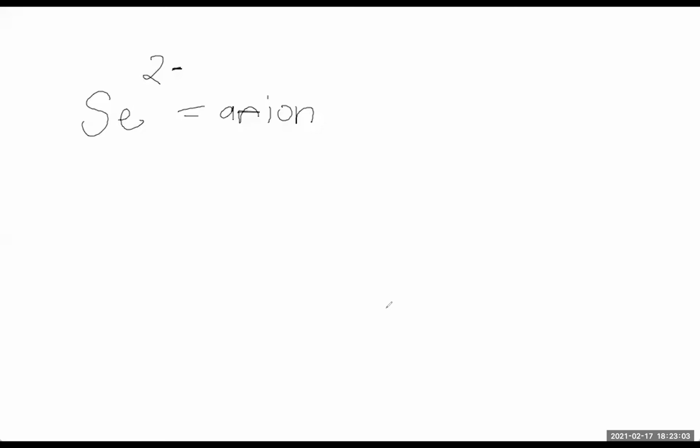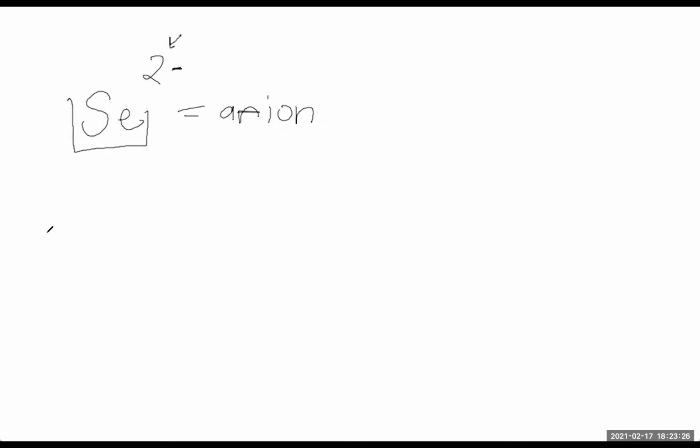Now, if we want to find the electron configuration of this anion, the first thing that you always want to do, or at least this is what I do, is write the element associated right here in its ground state, meaning with no charges involved, as if this didn't exist.